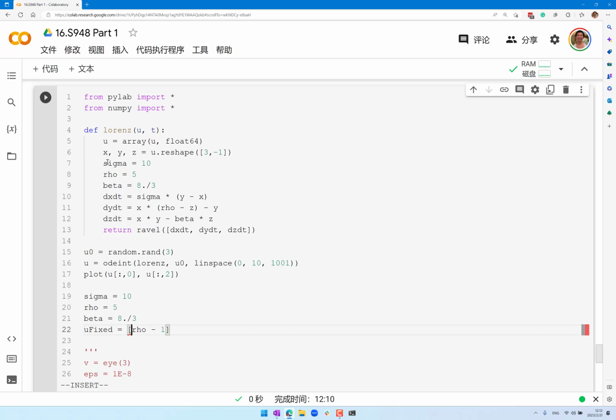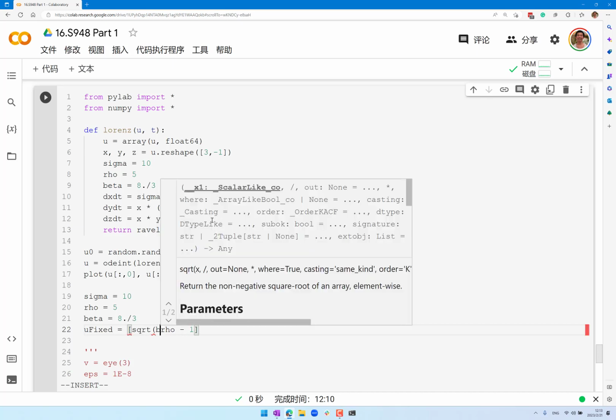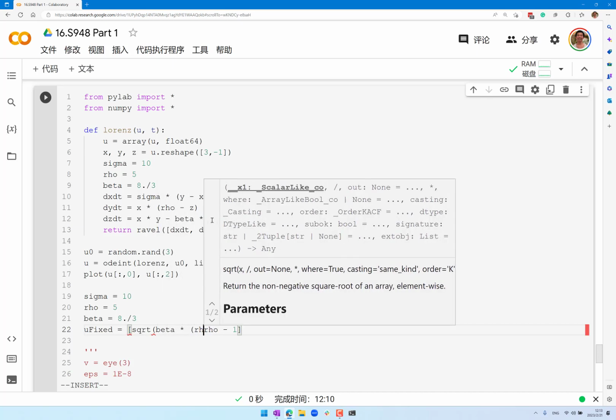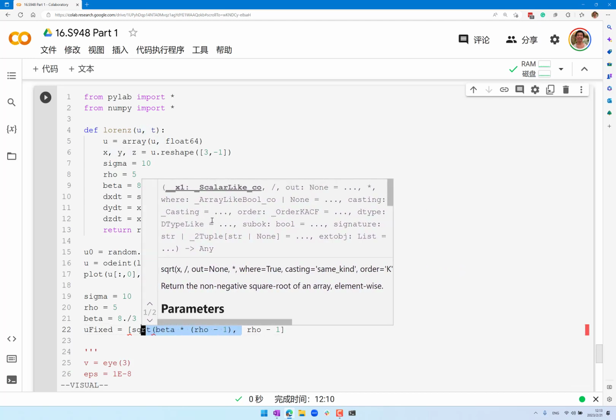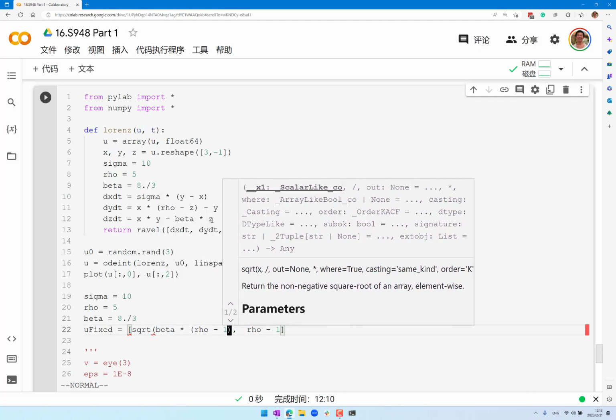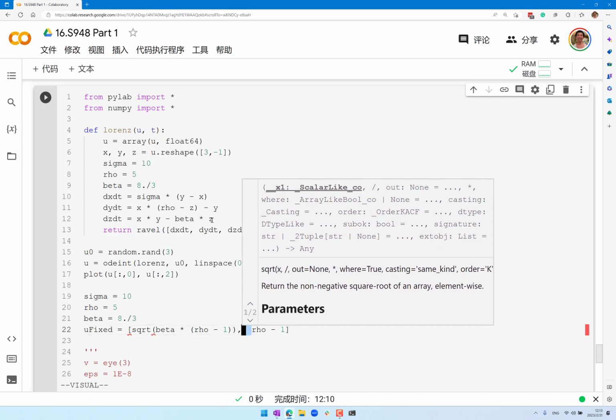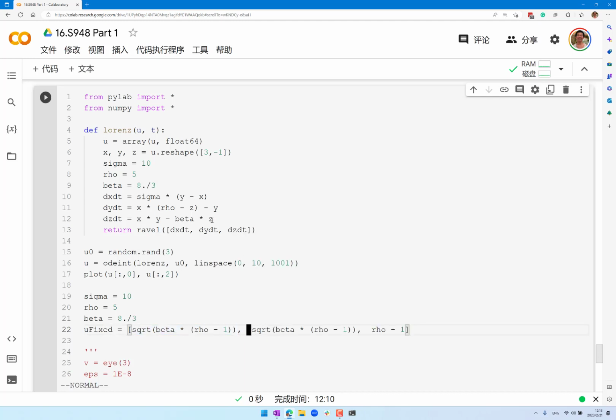Okay, now z is equal to rho minus 1, plug it into here. x times y has to be beta times (rho minus 1), and x is equal to y. So both are equal to the square root of beta times (rho minus 1). So that's my analytical calculation of where the fixed point has to be.